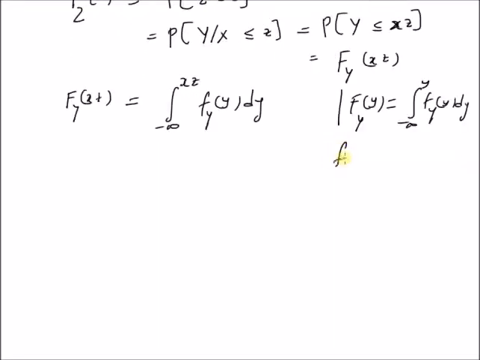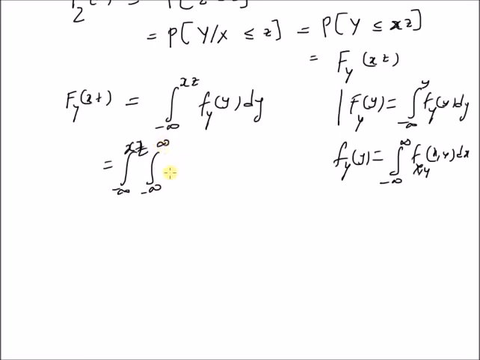Also using the definition that f_y of y, the marginal PDF, is equal to the integral from minus infinity to plus infinity of f_x,y of x, y, that is the joint PDF, over x, we can rewrite this integral as the integral from minus infinity to xz of the integral from minus infinity to plus infinity of f_x,y of x, y dx dy.